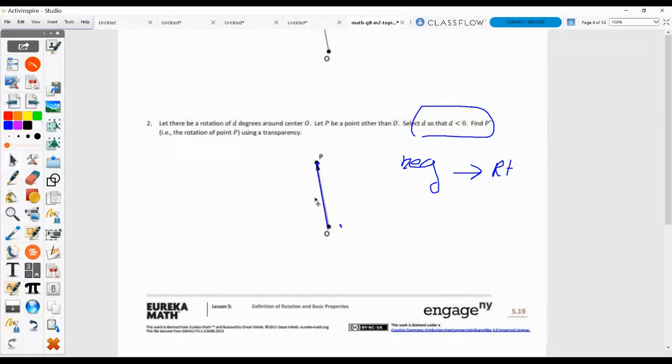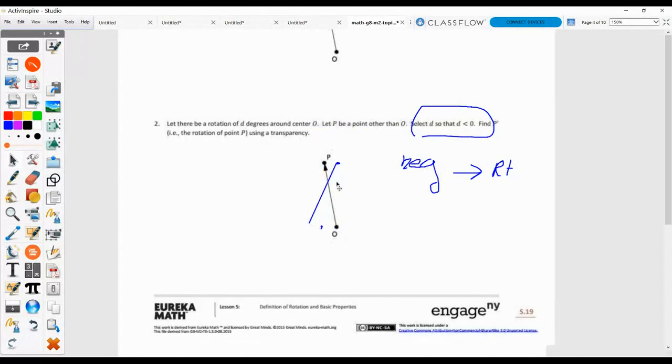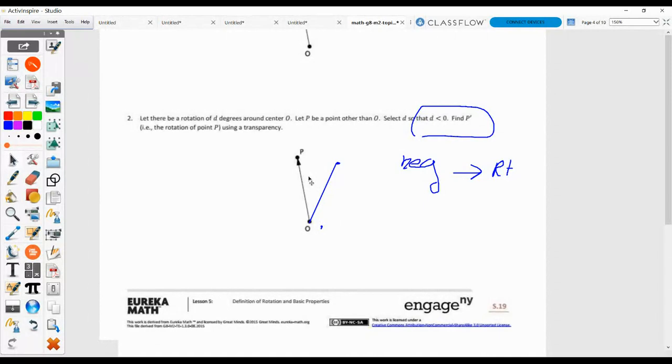You will already have it there. And once you have that line, now I'm going to rotate it however many degrees I wish. It does not matter how many degrees. And now I show my rotation line. I went this direction, which was negative however many degrees. Negative, I'll say 35. I'm not sure. 35 degrees.